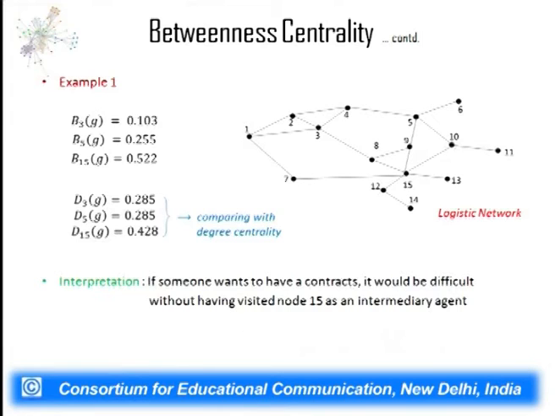So this is how we get the interpretations out of centrality measures applied on a graph. Okay. And you can also see that here 3 and 5 have the same degree centrality, that is they have the same neighborhood size, but when it comes to acting as an agent, node 5 is acting as a better agent than node 3, relatively better. Okay.